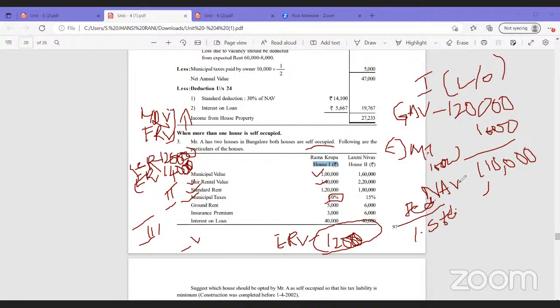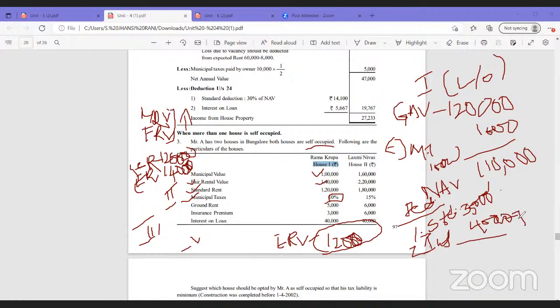So 1,10,000 into 30% comes to, I think, 33,000. Yes, so it will be 33,000. Next, we have another deduction, that is interest on loan taken. If you look at the question, the last point, it is given interest on loan 40,000. And both, if you add it, we'll get 73,000.